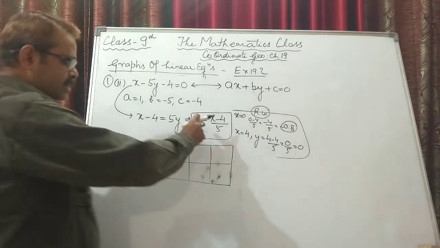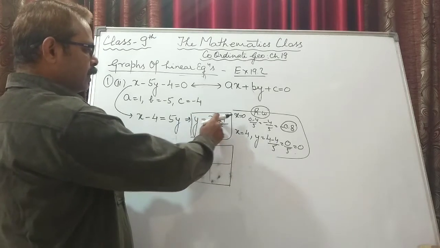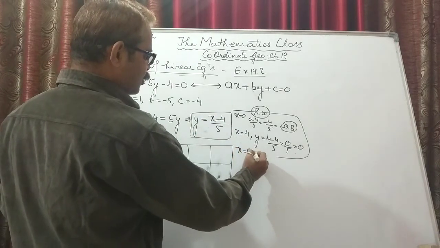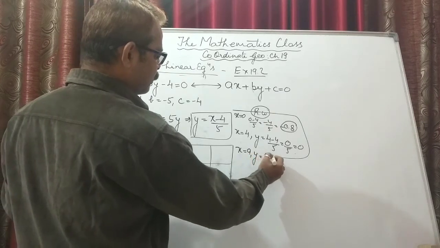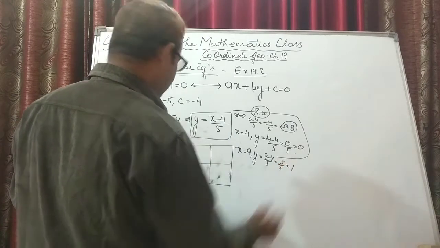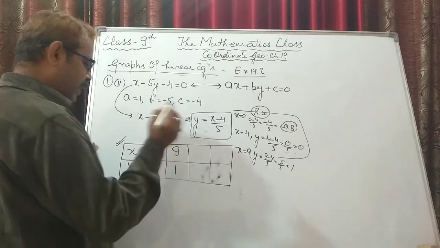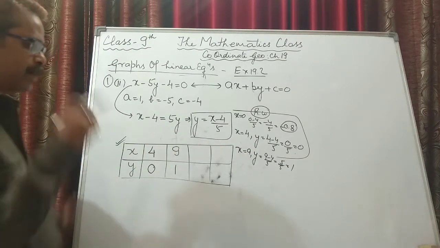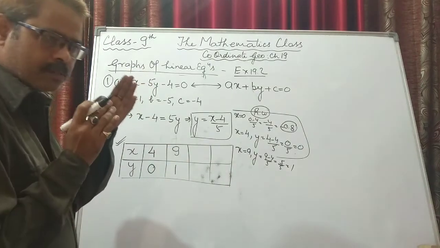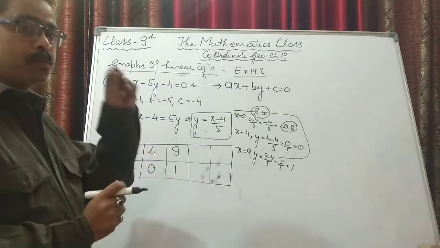Now second thing, suppose I take x as 9, so y will be 9 minus 4 upon 5, that is 5 upon 5, and that is 1. So I am taking 9 over here, and here I am getting 1. I try to take such values which give whole numbers. That is the better way to plot the points.